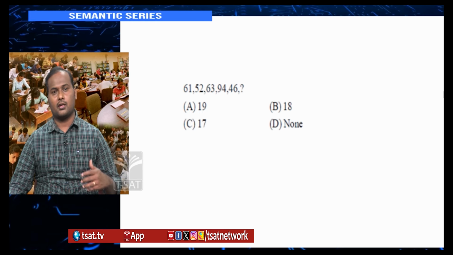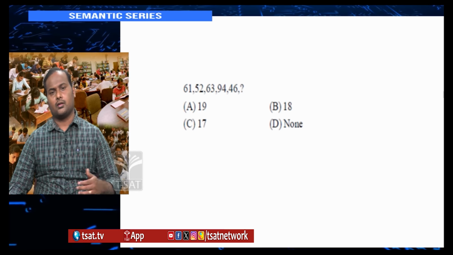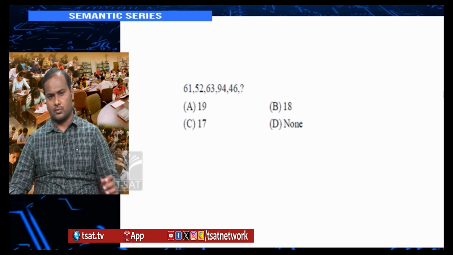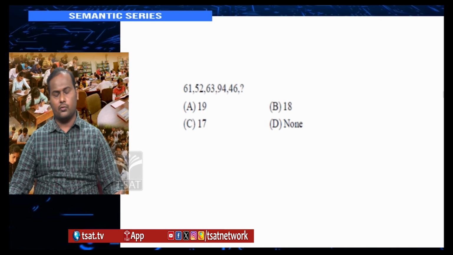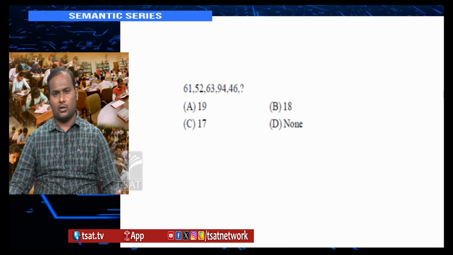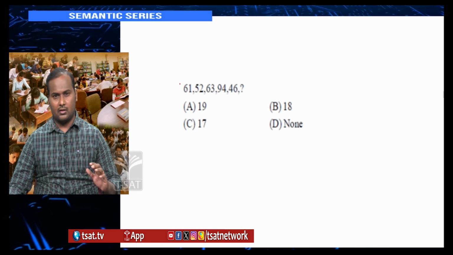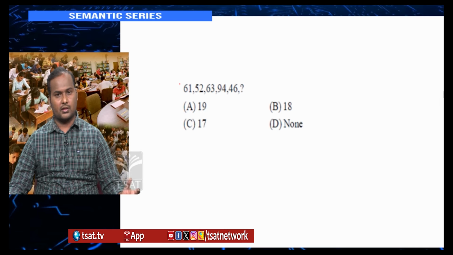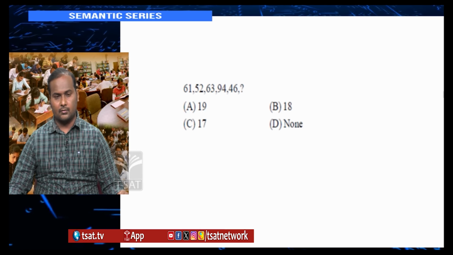Like it is not increasing like plus 2, plus 4, plus 6, or it is not increasing like 3 or 27 or in the squares or cubes. The moment you see this kind of questions, these are peculiar questions you will get in the examination. So one needs to keep in mind this kind of questions, not only the traditional format of squares and cubes. You can observe this kind of miscellaneous questions also. It is quite tricky in the exam.